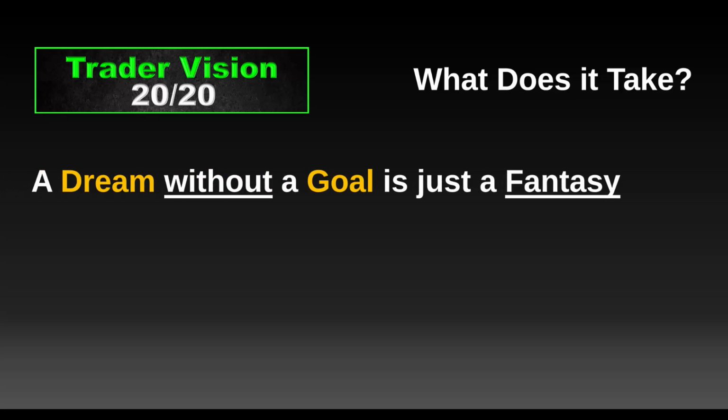Let's look at this another way. These are 3 sayings that I've either modified or stolen from somebody I've heard over the years. But they are all true and they all lead to the point that I want to make. A dream, in this case becoming financially independent or wealthy, without a specific goal is just a fantasy.